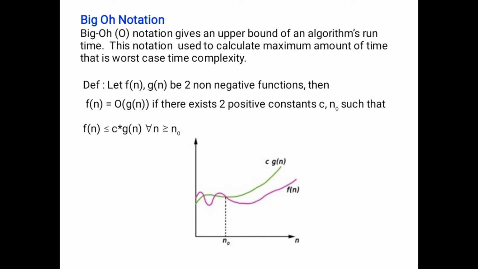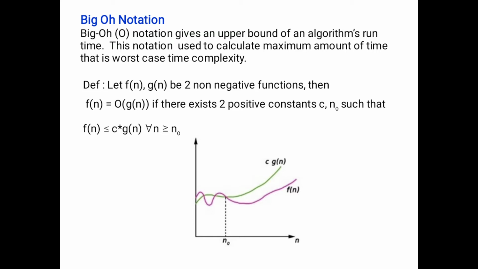So big O notation specifies the upper bound of an algorithm, that means it takes the maximum amount of time. Upper bound means the maximum time.